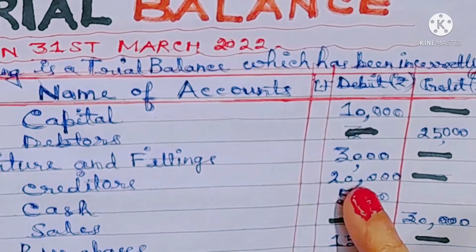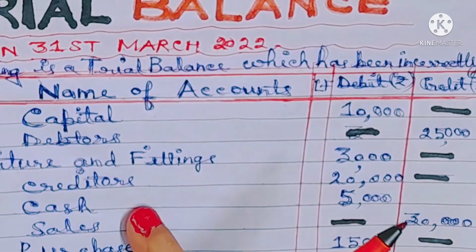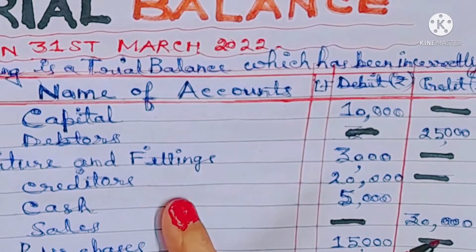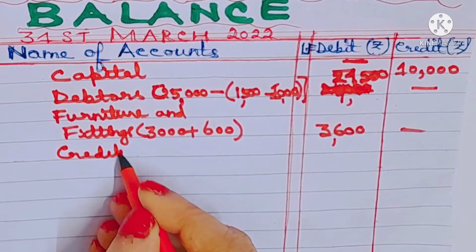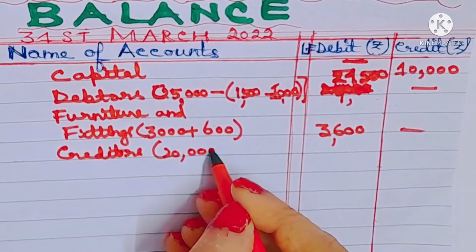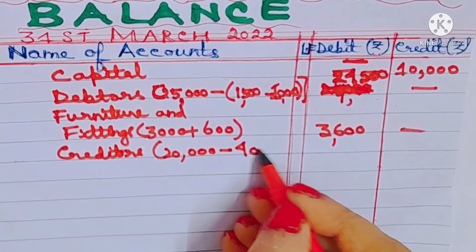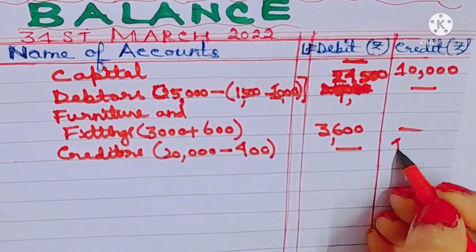Since creditors as a credit balance will have to write 20,000 in bracket minus 400. So let's write. So creditors 20,000 minus 400. So 20,000 minus 400, 19,600.